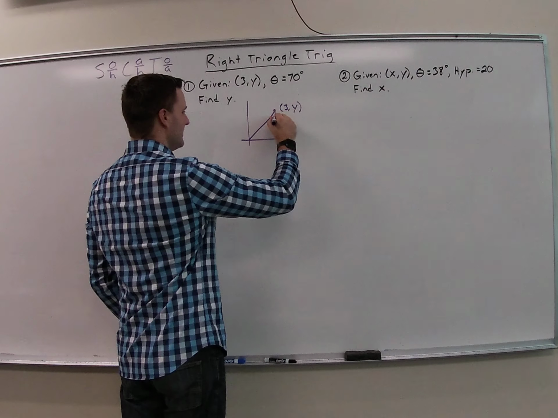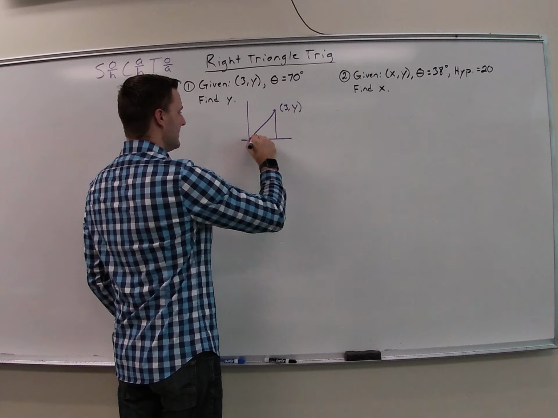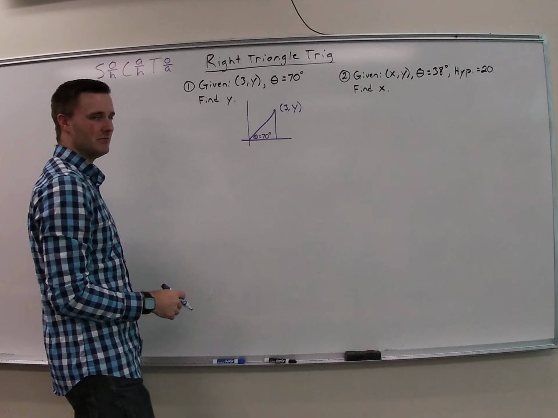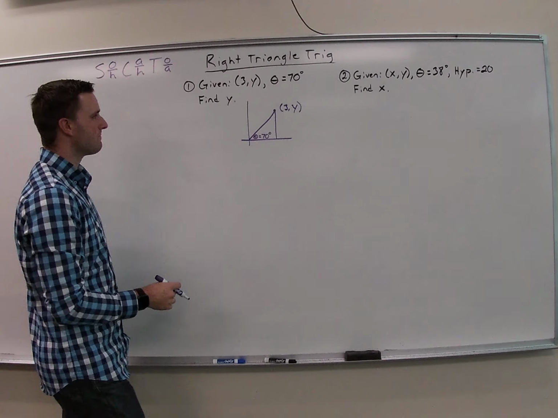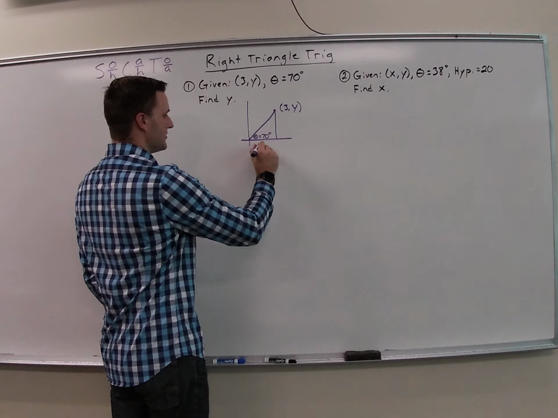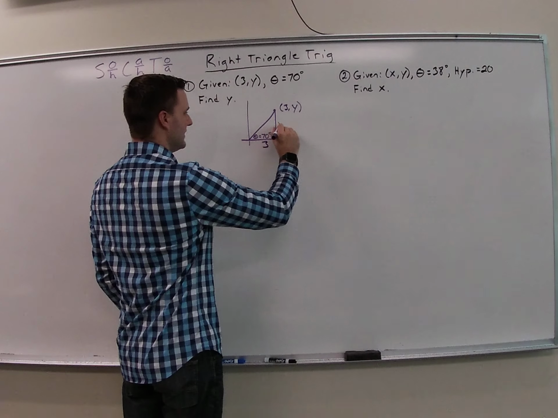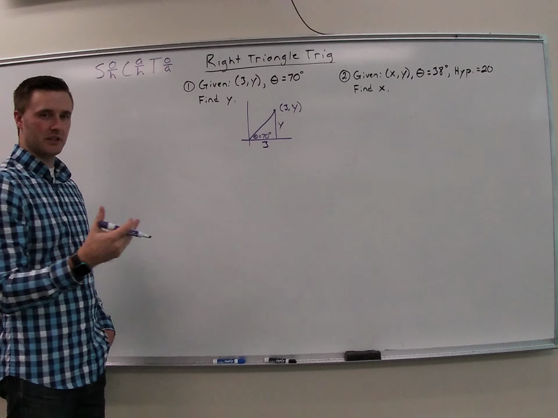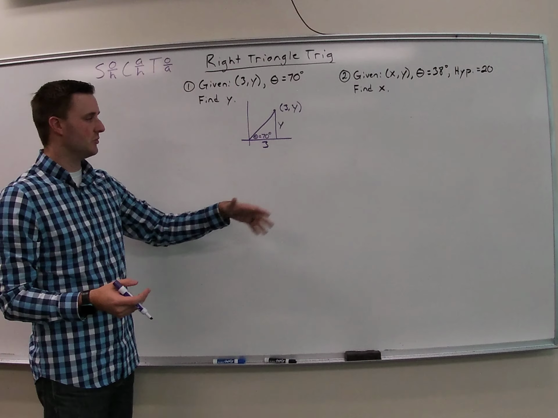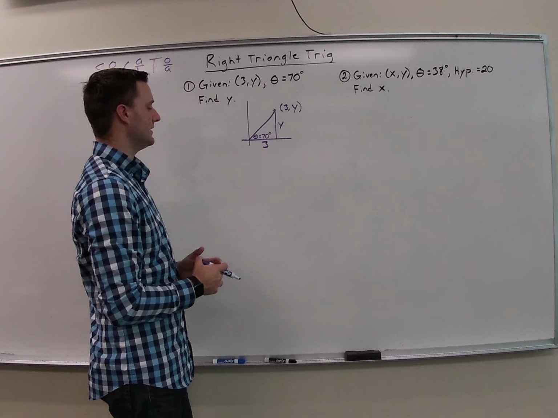So up here, this theta is 70 degrees. They want us to use this information to find y. So I went over 3 and up y. I went right 3 and up some unknown distance. So we want to figure out what this unknown distance is.